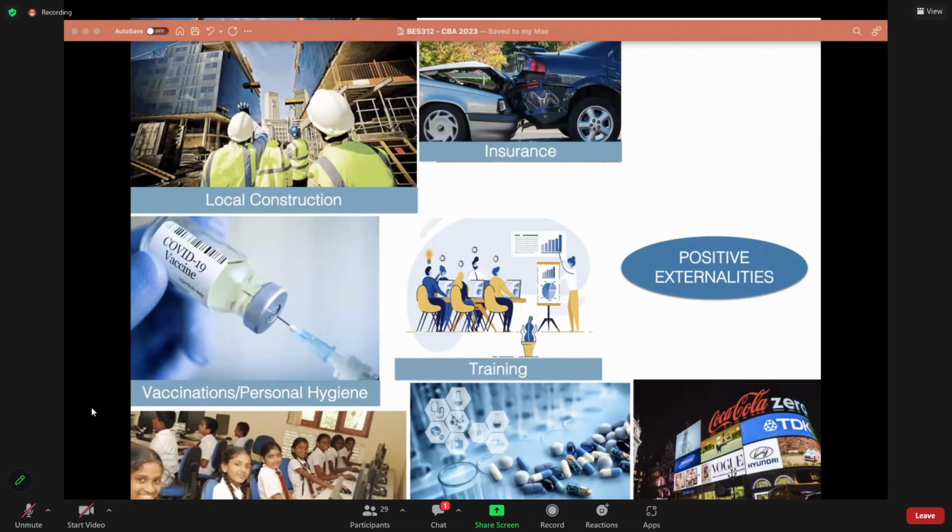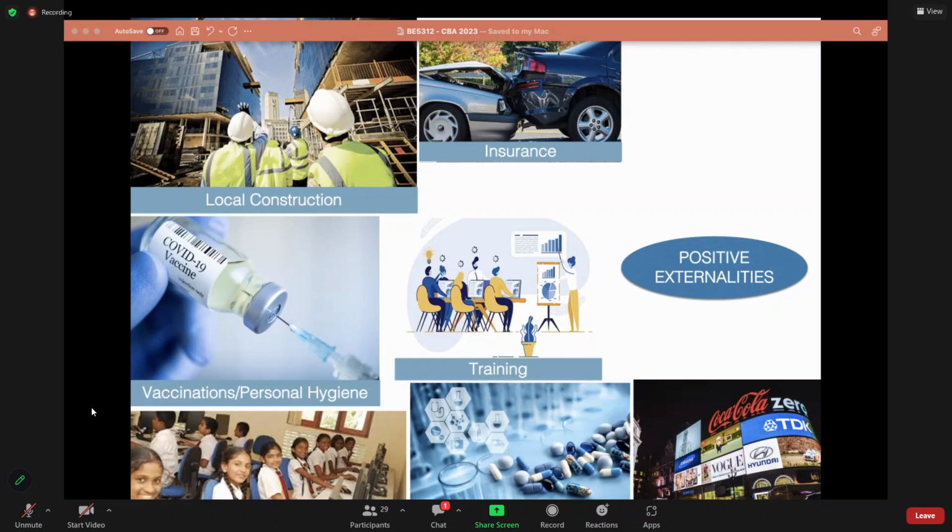A couple of years ago, we've all been vaccinated for COVID-19. So what can an unrelated third party get from that? The people who are not vaccinated, let's say children or older people, will they be benefited from the rest of us being vaccinated? Yes, there is a positive externality there, isn't it?